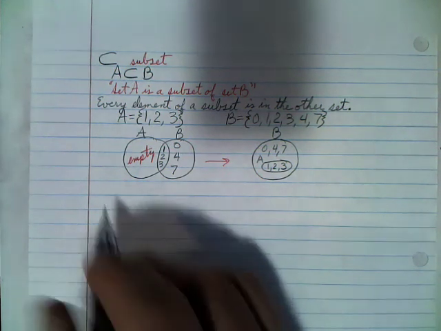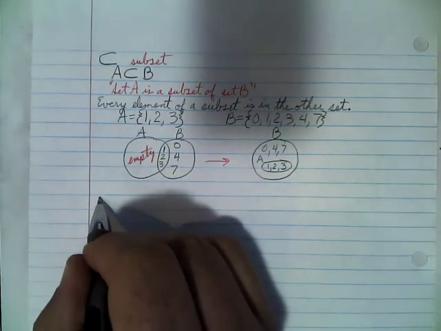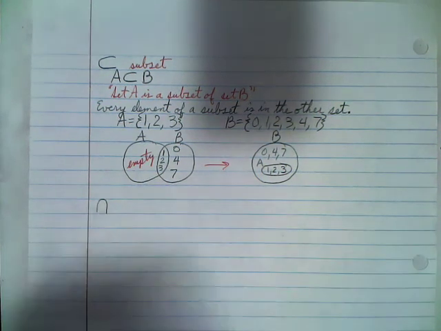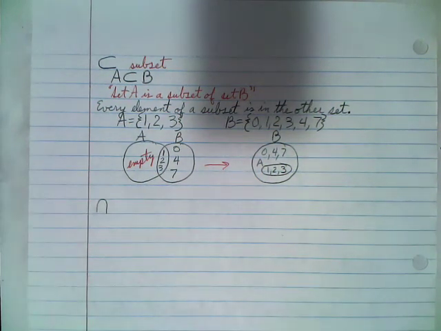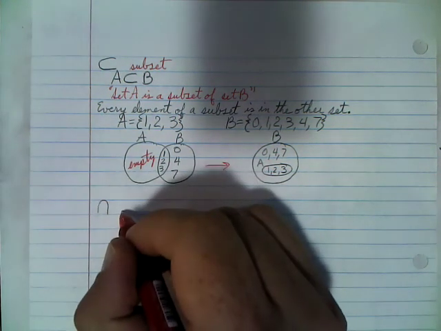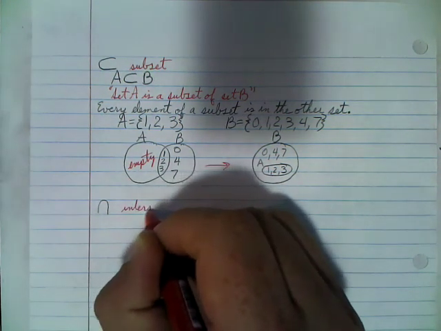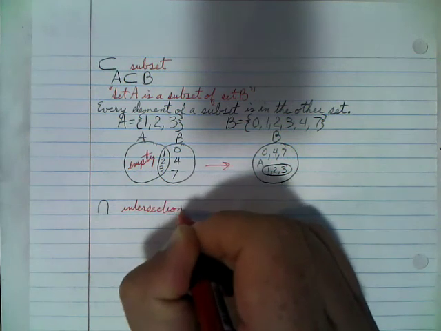Our next symbol here looks like a U again, capital U, but this time it's been turned upside down. And so this time, this means intersection.